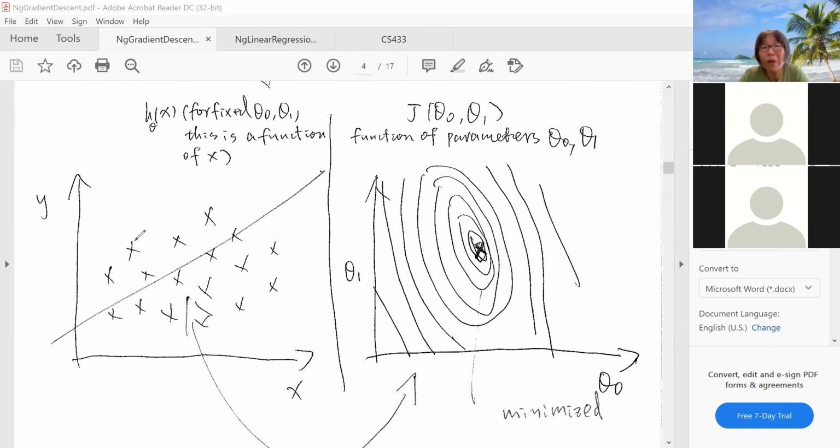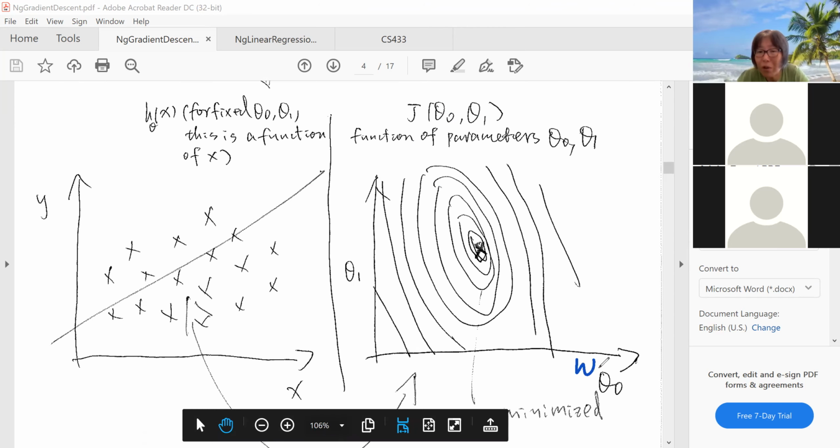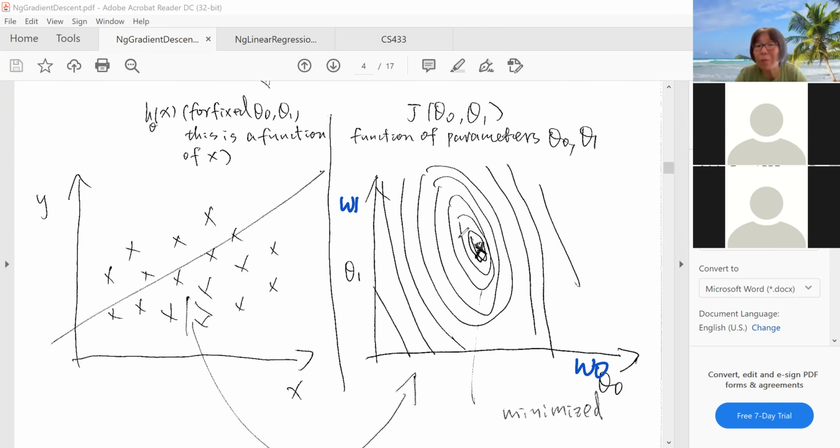Over here, it describes the raw relationship, the hypothesis, for linear regression. If we want to draw it in 2-dimensional, this is W0, this is W1, then for the 3-dimensional, certainly you cannot draw it.